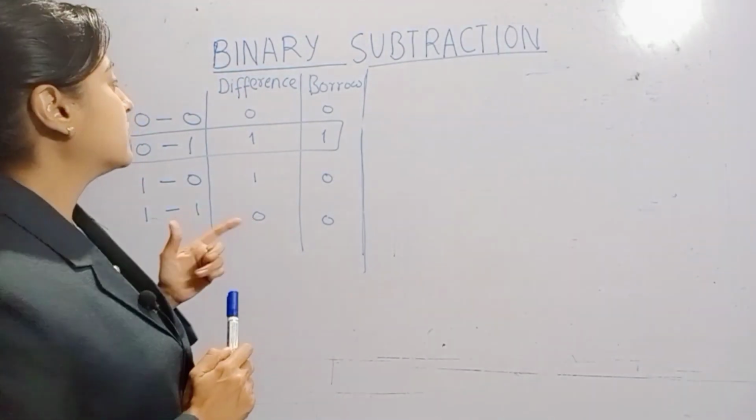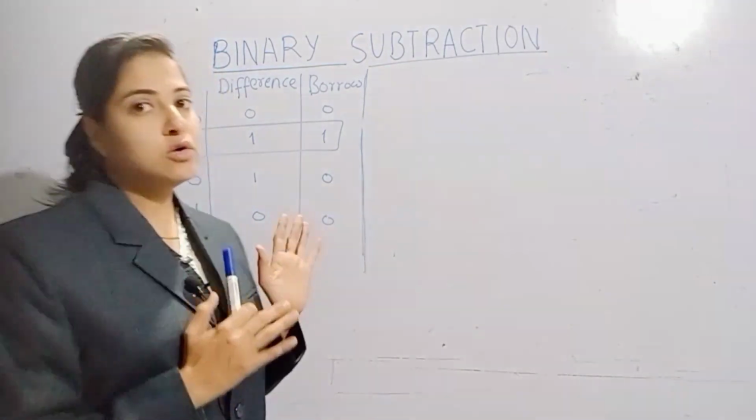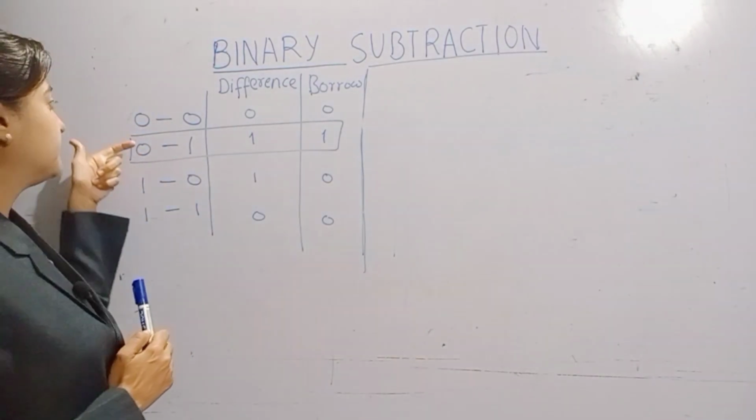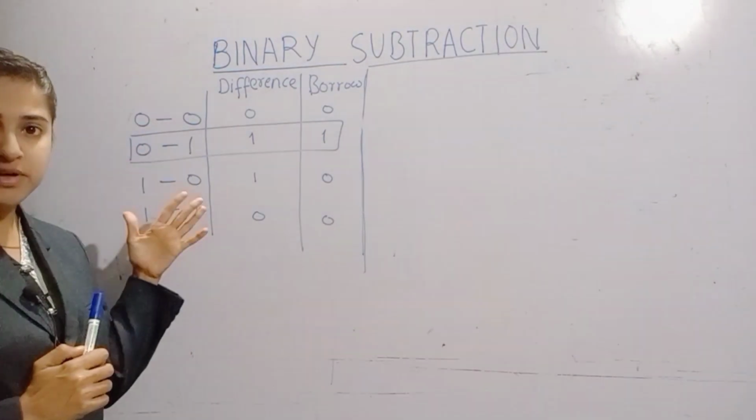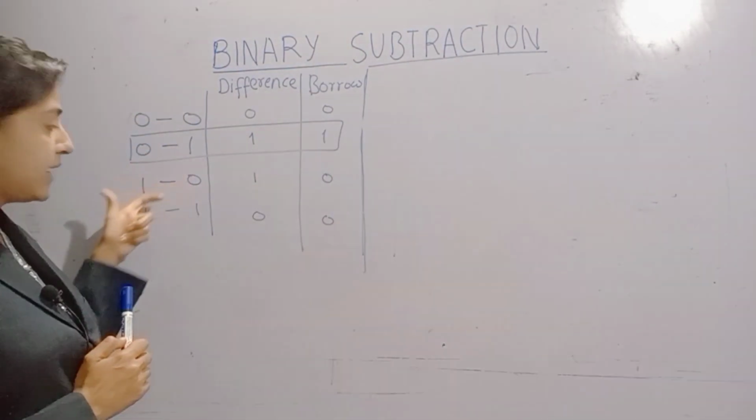Okay. Before taking examples on binary subtraction, we must know the rules of binary subtraction. So there are 4 rules, 4 different combinations: 0 minus 0, 0 minus 1, 1 minus 0, and 1 minus 1.